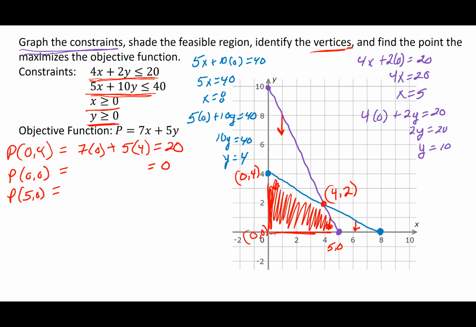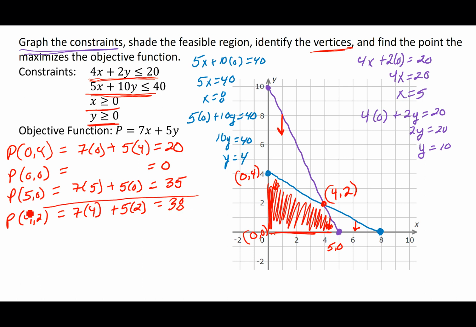It's going to be 7 times 5 plus 5 times 0, 35. And then my last one that I can't forget, 4, 2. 7 times 4 plus 5 times 2. 7 times 4 is 28 plus 10 is 38.